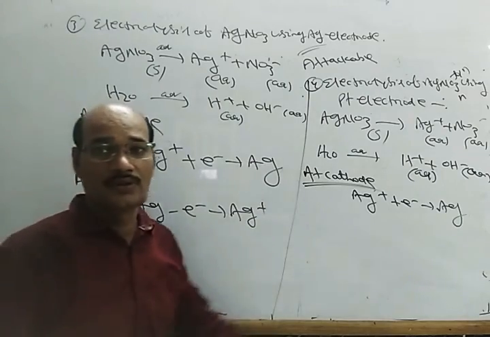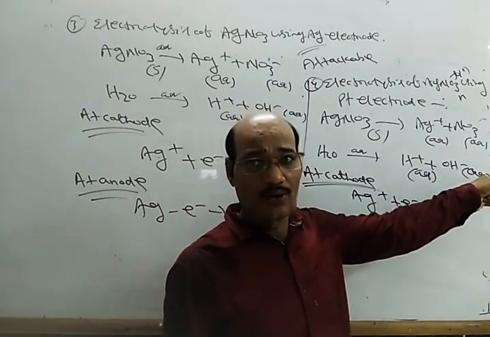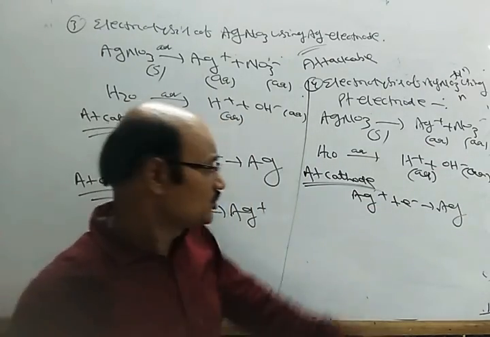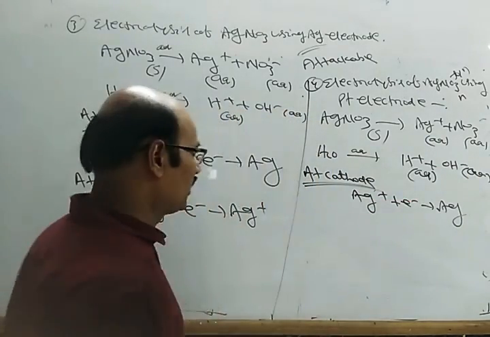Now at the anode, we have NO3- and OH-. So this OH- will migrate. What happened there?